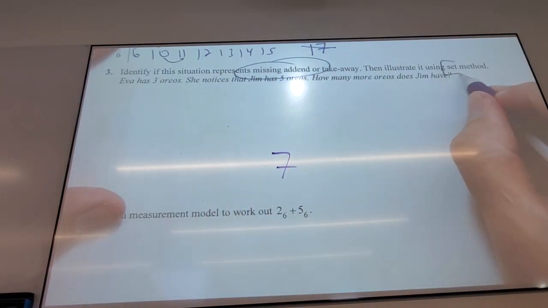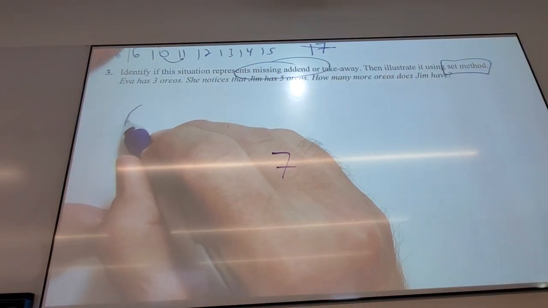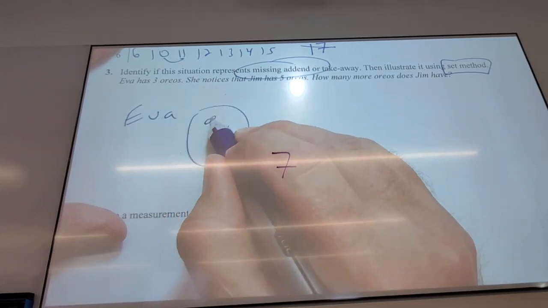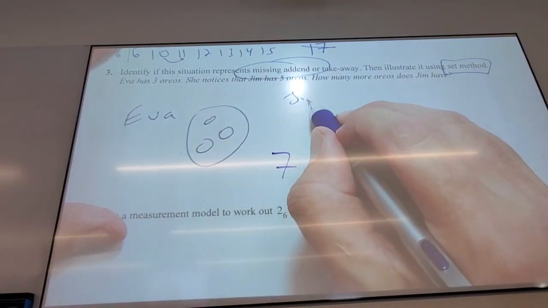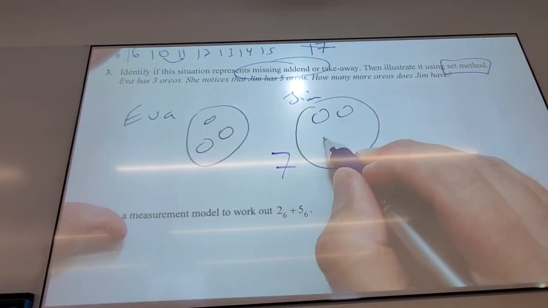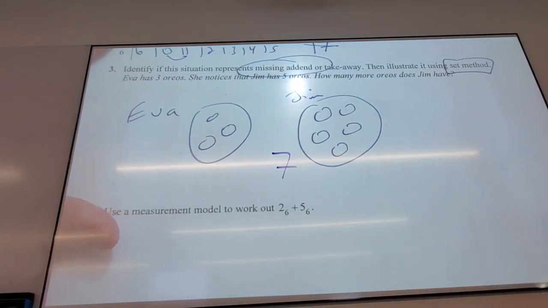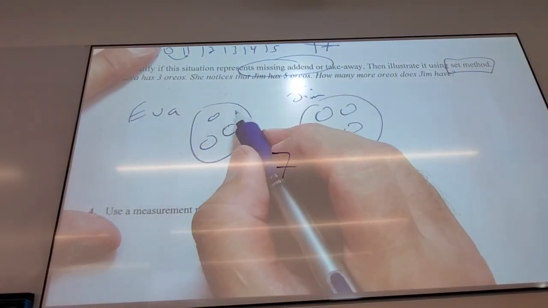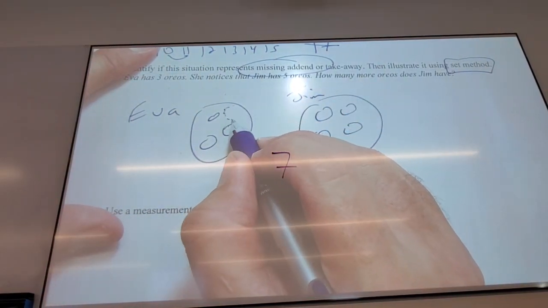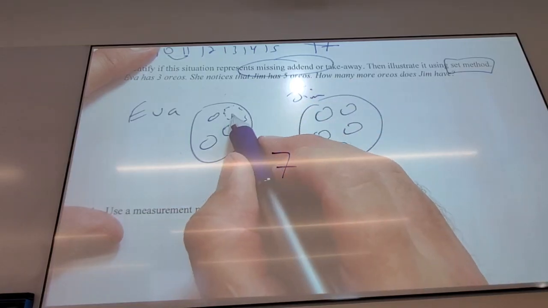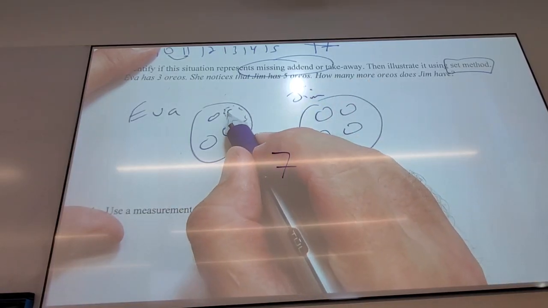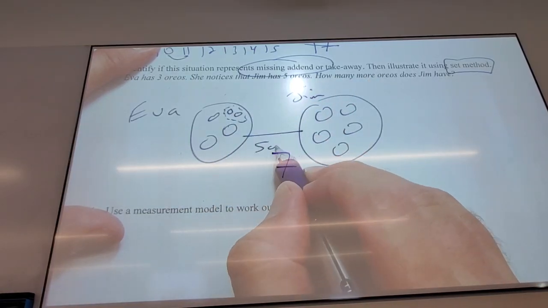Now, if I want to use the set method, I got my Eva with 3 Oreos, and I got my Jim with 5 Oreos. What I think one group did was they had a little area and they said, if I put 2, they're the same.